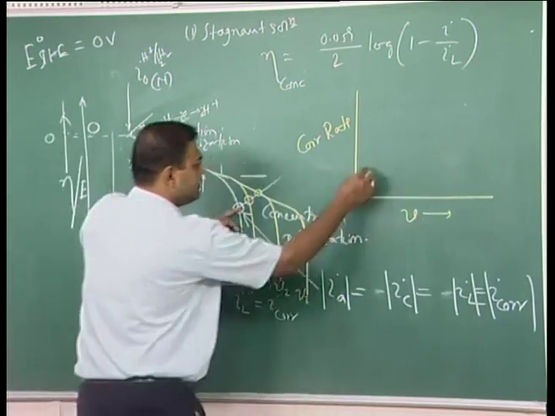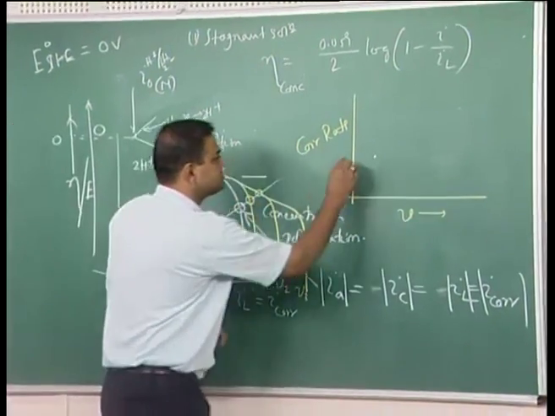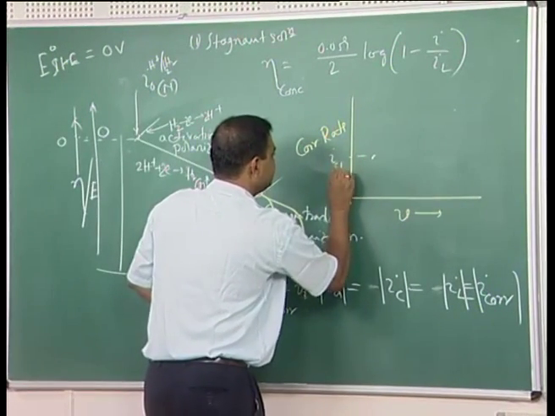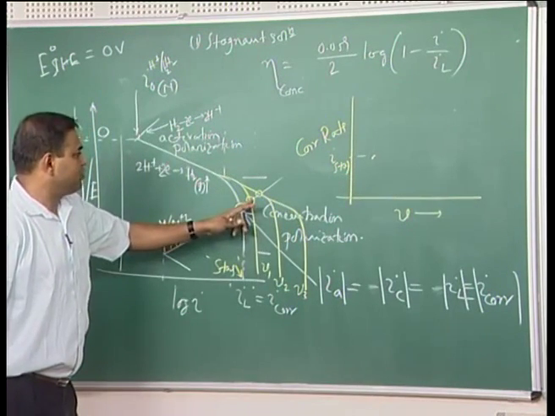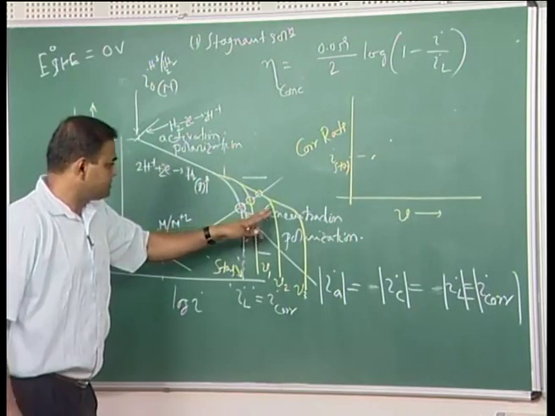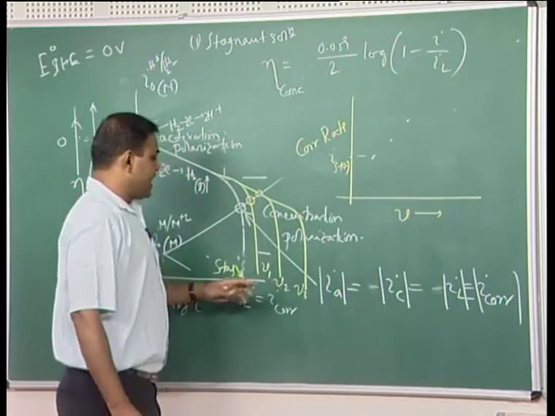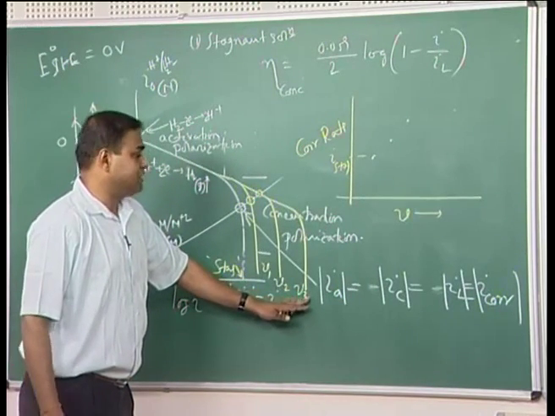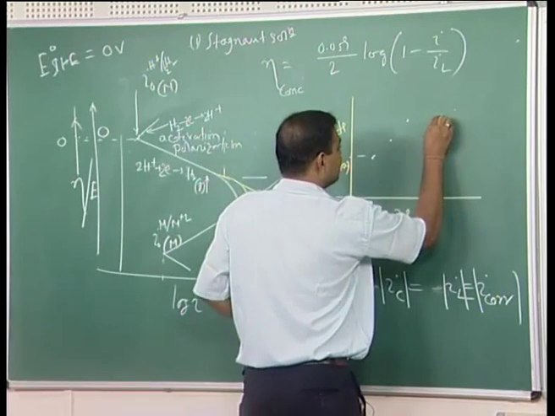Corrosion rate is this point. Let us say some value which corresponds to I stagnant. When I increase to V1, corrosion rate is increasing. When I increase further the velocity, corrosion rate is further increasing, and then when I go to V2, V3, I am not seeing any difference. So the corrosion rate would be like this.